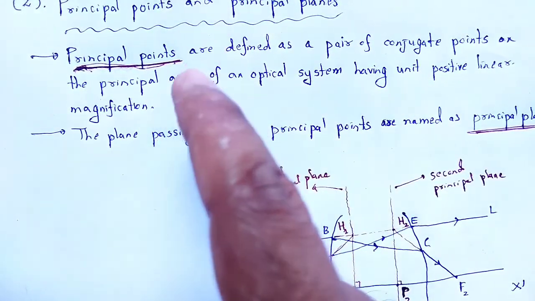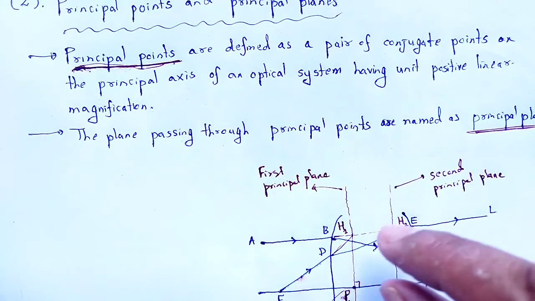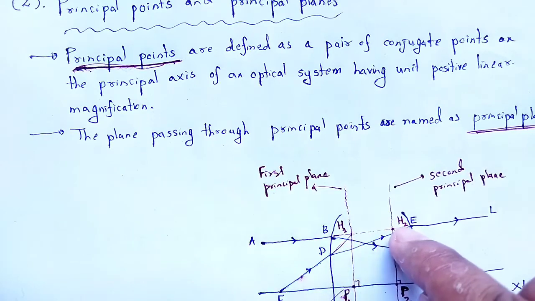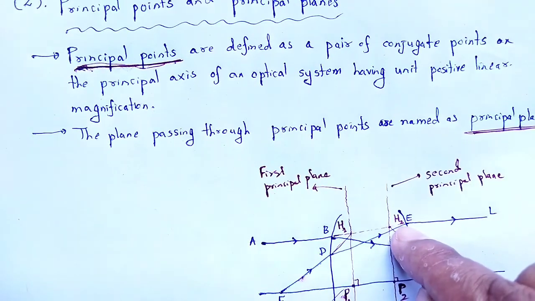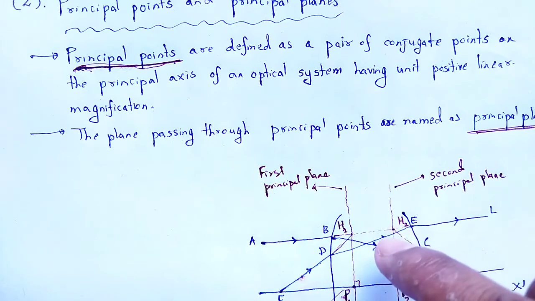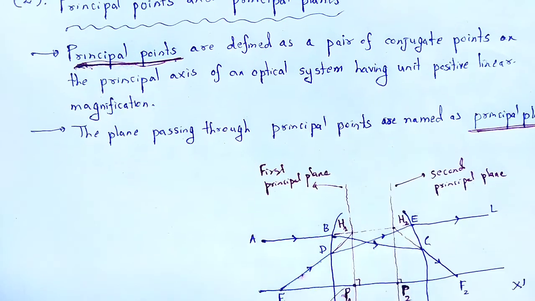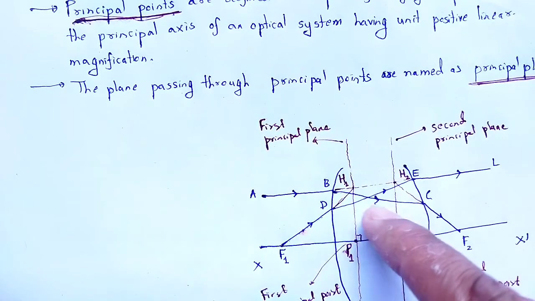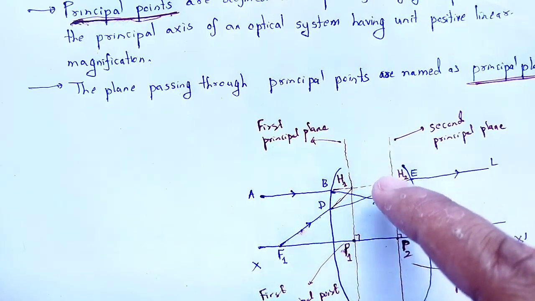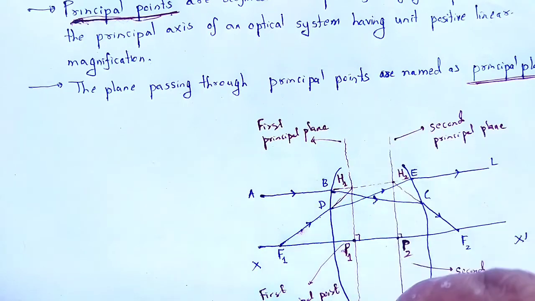How is that achieved? H1 and H2 are conjugate points, and it is true for all such pairs on the principal planes.